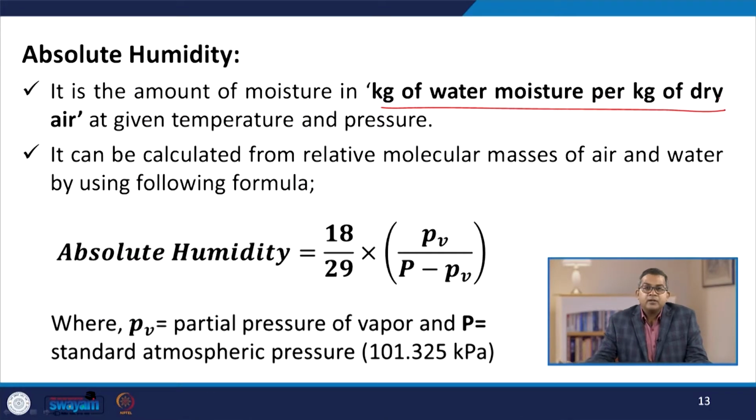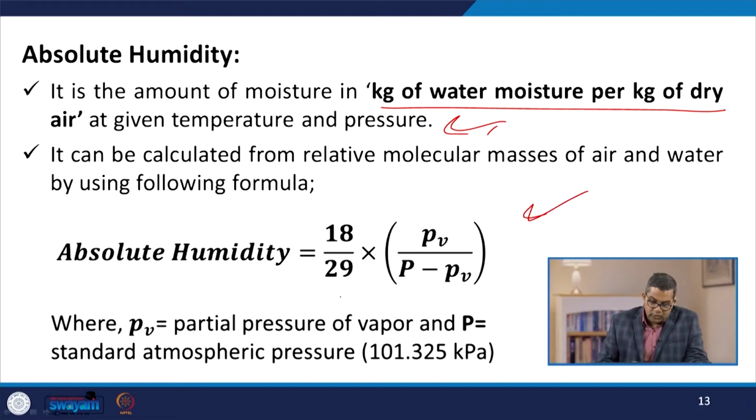Now, another important term is absolute humidity. It is the amount of moisture, in kilograms of water vapor per kilogram of dry air, at a given temperature and pressure. It can be calculated from the relative molecular masses of air and water by this particular formula.